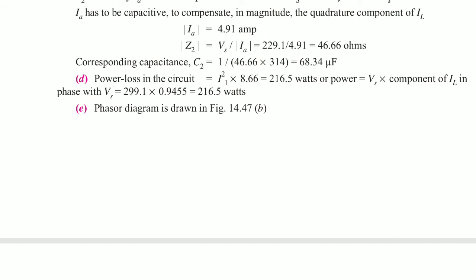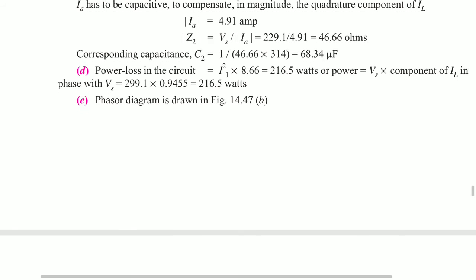So Ia is equal to 4.91 amps. Z2 is equal to Vs by Ia, that is equal to 229.1 by 4.91, that is equal to 46.66 ohms. Corresponding capacitance C2 is equal to 1 by 46.66 into 314, that is equal to 68.34 microfarads.